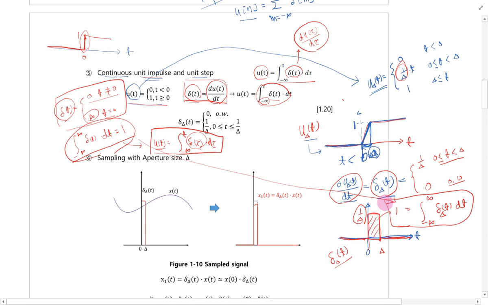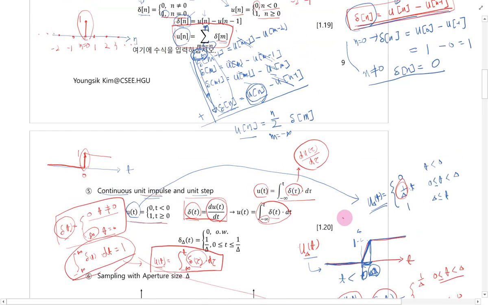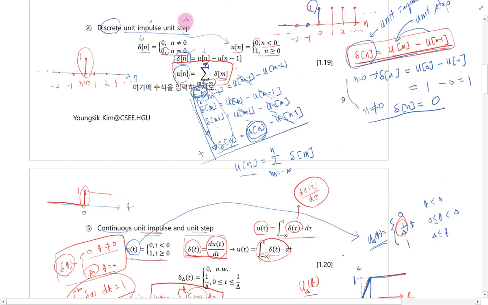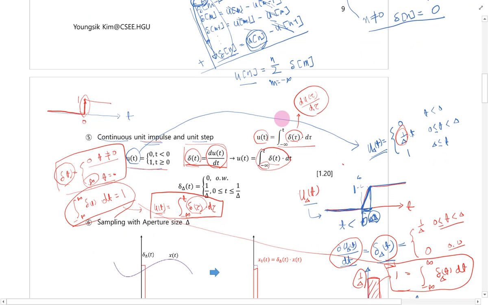Okay, so we talked about the discrete-time impulse signal and step signal and their relationships. The relationships say that the delta sequence is the difference of a step sequence, and by summing the delta sequence up to n, it gives u[n]. Similarly, in the continuous domain, even though the ideal impulse and the unit step are ambiguous at t equals 0, the continuous unit step is a step change at t equals 0. It has an infinite slope at t equals 0.